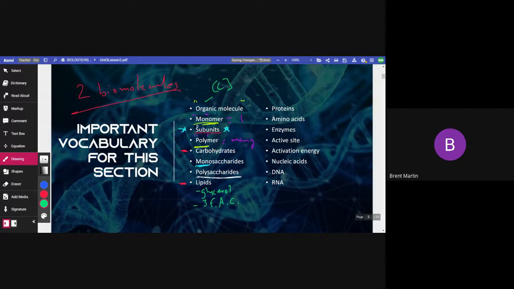Now, if you put a bunch of monomers together or a bunch of subunits together, you'll get the polymers. The polymers of a carbohydrate could have been polysaccharides, and there were 3 of them. It was starch, glycogen, and cellulose. The polymers of a lipid would be the lipid itself, and it would be fats, oils, waxes, butters, things like that. Okay, so you need to know what carbohydrates would obviously be an immediate source of energy. Lipids would be long-term energy, and then obviously insulation.